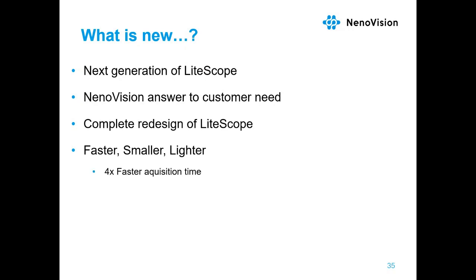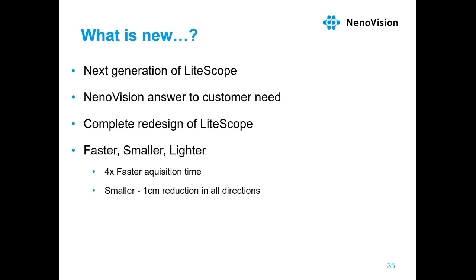The main difference is the speed of acquisition. Compared to the previous one, we are 4 times faster for the measurements, and we are coming close to the relatively fast SEM measurements, so the times of AFM and SEM are getting similar. The second reason is that it is smaller.